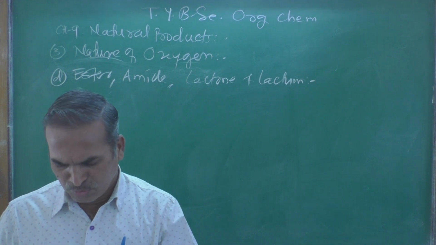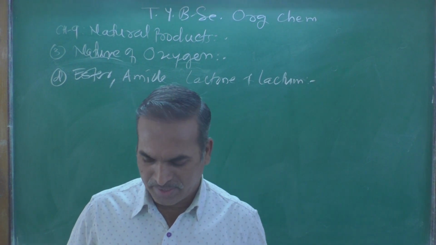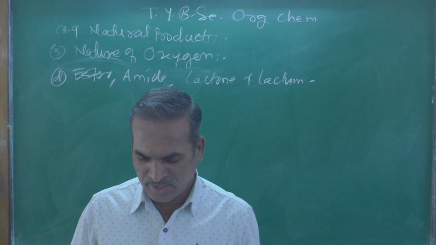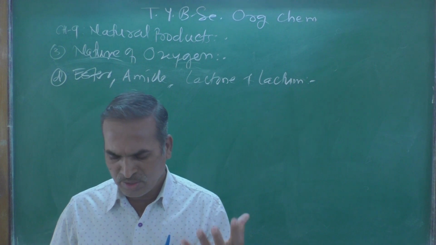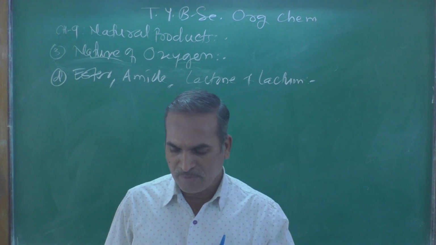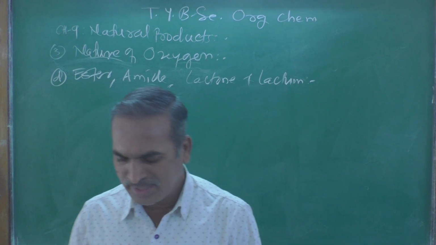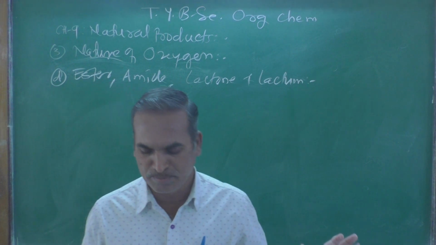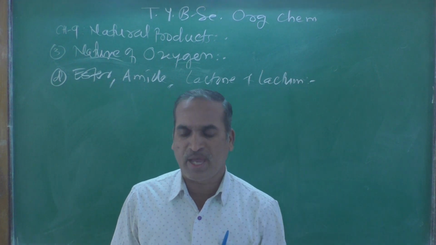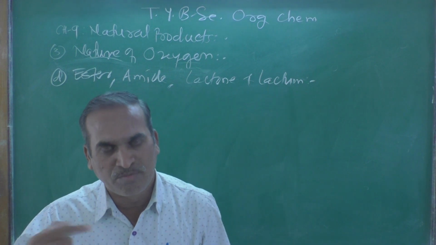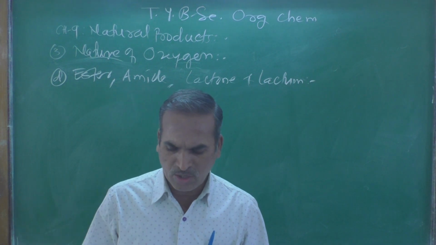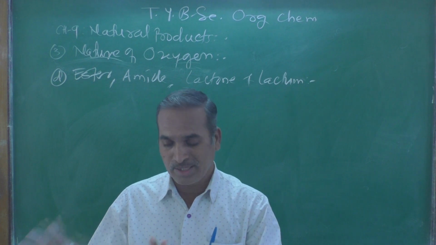We are discussing the nature of oxygen, and among that, ester, amide, lactone and lactam. These groups can be detected and estimated by observing the product of their alkali hydrolysis. That's so simple. These groups can be determined and estimated by observing the product of their alkali hydrolysis.